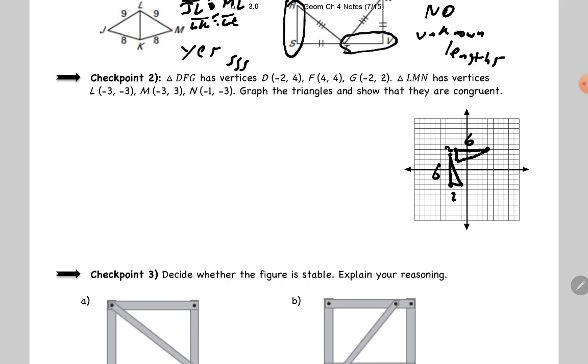So I just need DF, this is G, or no, this is F, so this is 4, 4. That point there is G at negative 2, comma 2. Okay. So we have 4, 4 and negative 2, comma 2.